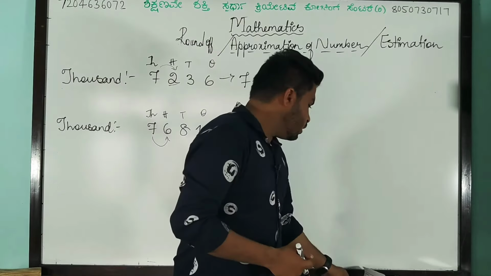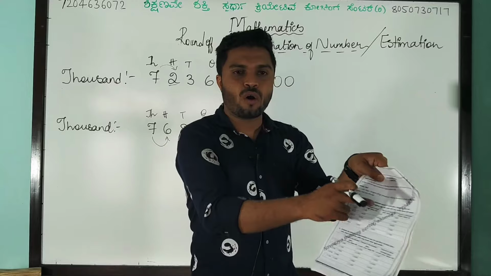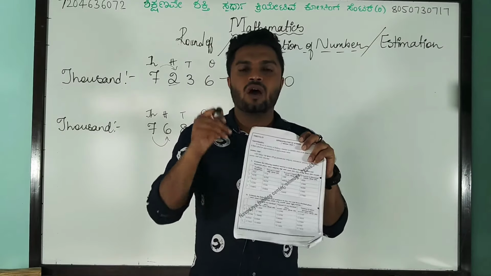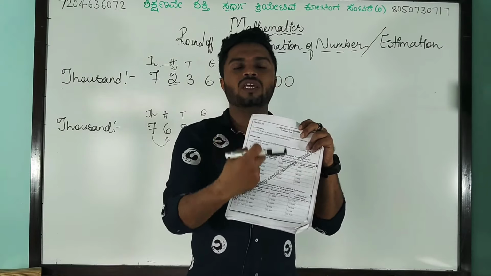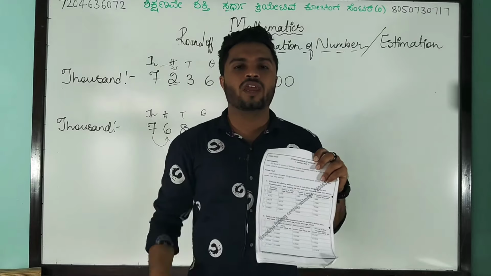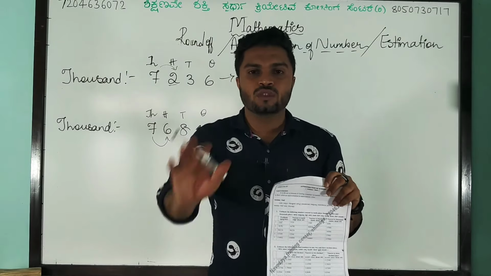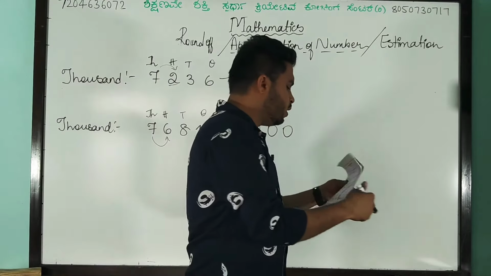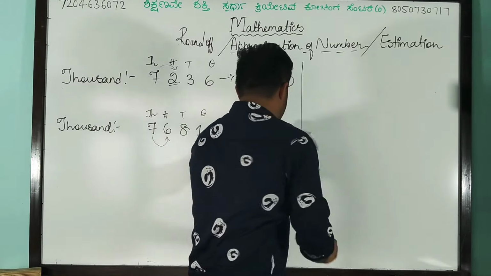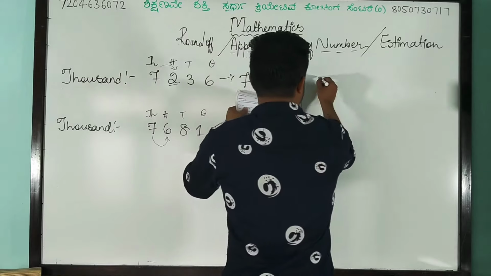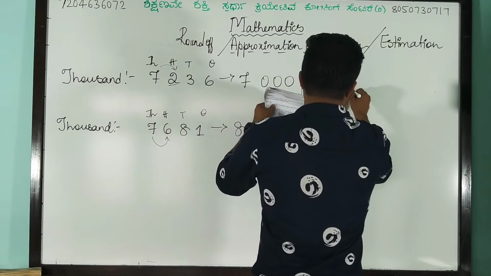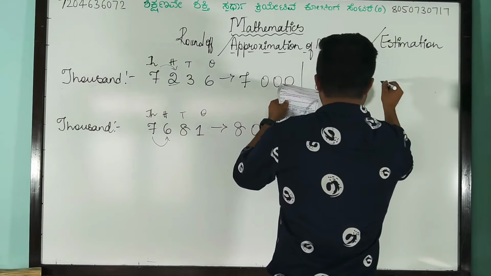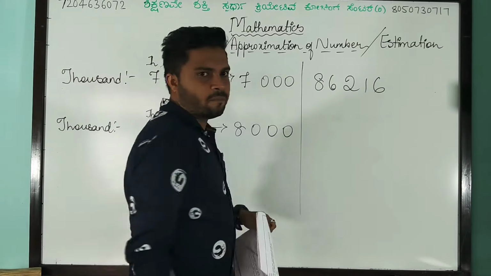Done. So there are some problems here in the box. Now you are going to do these problems without fail. Done. Yes. So of the problems, I am going to do one. Check it out. What problem will I take? I will take 8621.